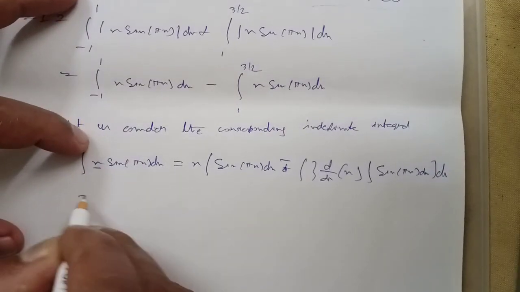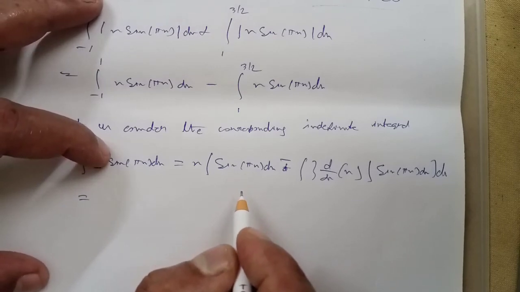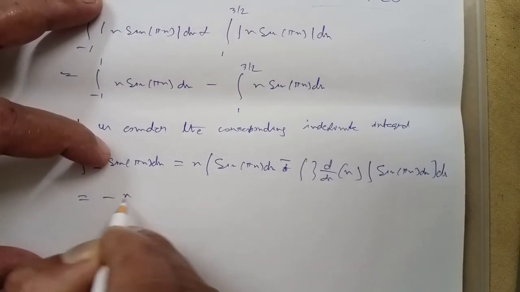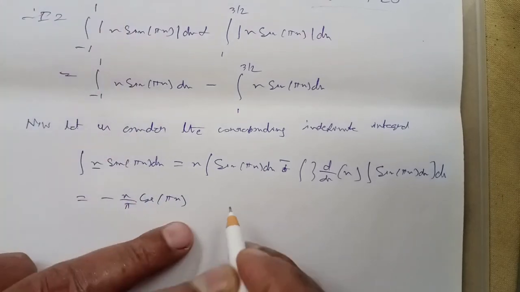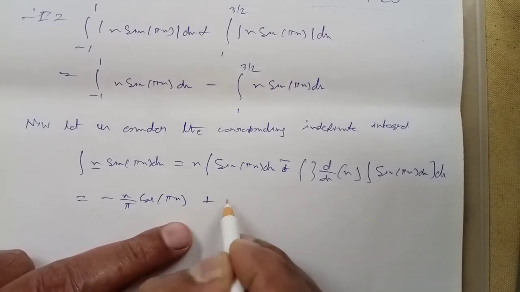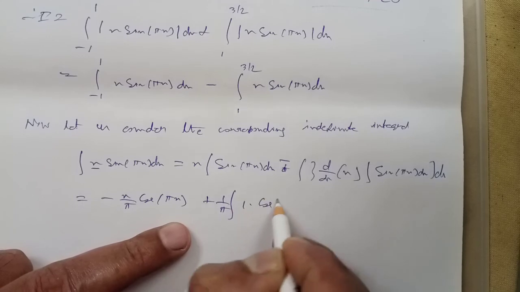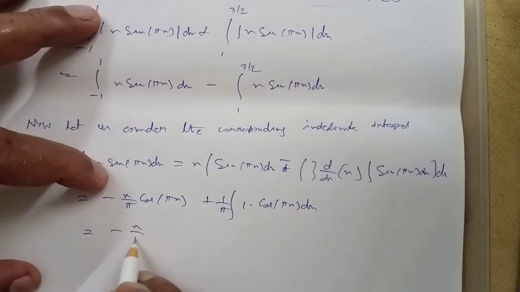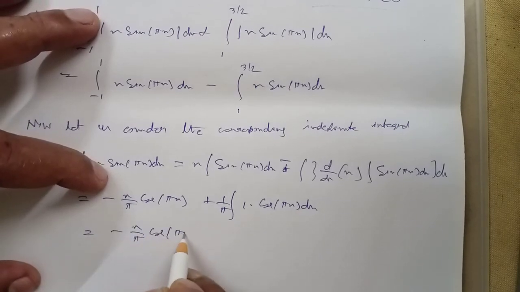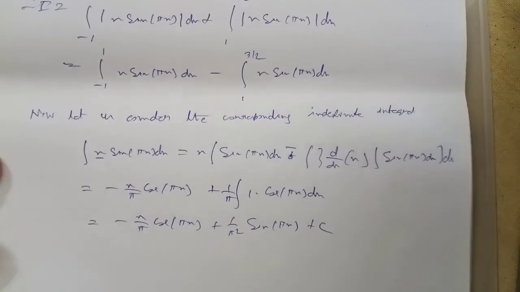Okay, then this integral is minus 1 by pi cos of pi x, minus x by pi cos of pi x, plus 1 by pi, 1 into cos of pi x dx. So we get minus x by pi cos of pi x, plus 1 by pi square sine of pi x plus c.